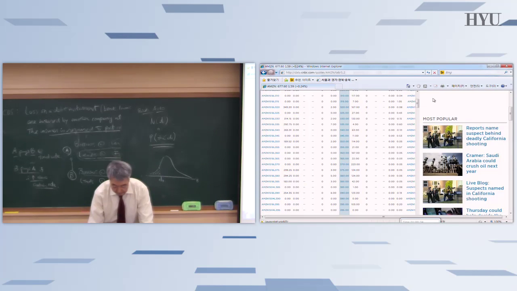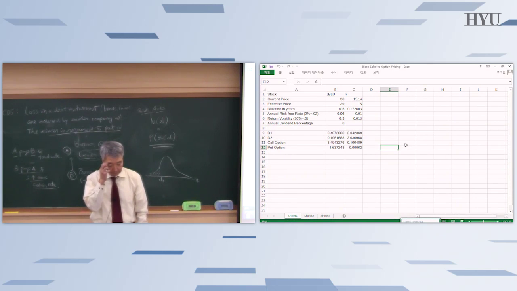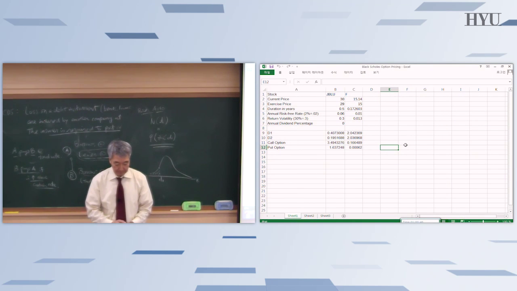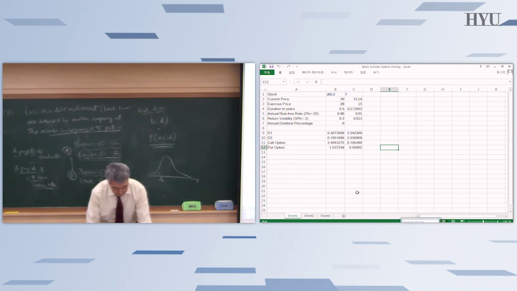All right. How do you use Black-Scholes? Here's an Excel template. I'm going to upload this Excel file. So all you need to do is just say Amazon, something like that.